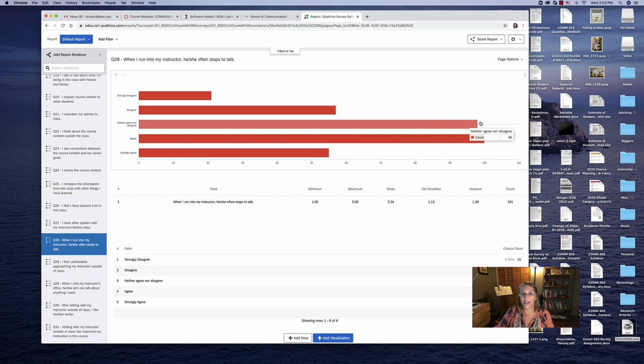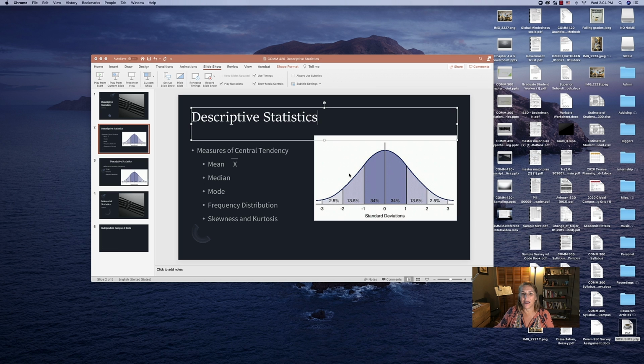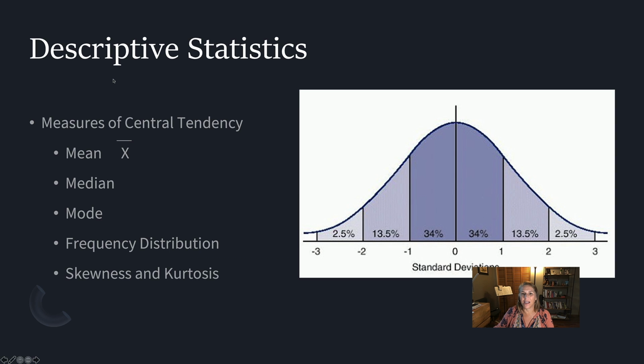This is close. If this line, I'm going to be quite honest, had been a little longer than this one, you see where we'd have almost a perfect bell-shaped curve. So those are frequencies. This is the curve, and that's what we're looking for.